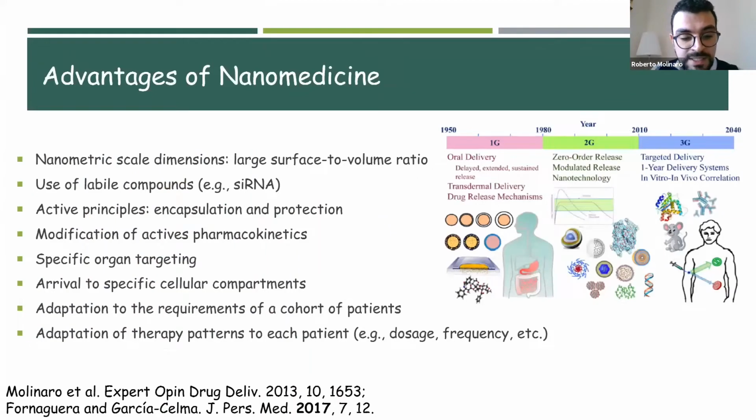We know that these improved characteristics depend on several factors, mainly on the nanometric scale dimensions, which enable the fine-tuning of nanoparticle surface due to the enormous surface to volume ratio, and the possibility, for instance, to encapsulate and protect labile compounds such as genetic material or proteins or peptides, and protecting them from the degradation by enzyme processes such as proteases or plasma nucleases.